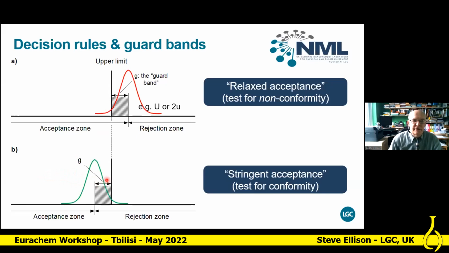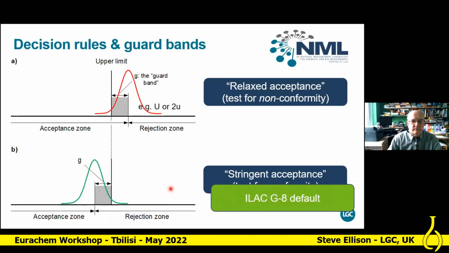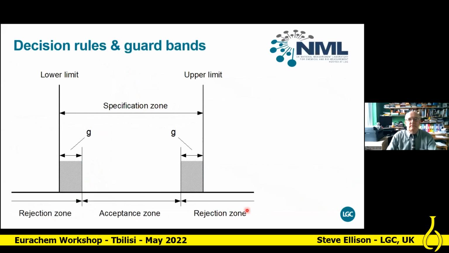And we can see that those have different effects on the probability of acceptance and rejection. As I said, stringent acceptance, this green picture here, is ILAC G8's recommendation if in doubt. These can be two-sided.